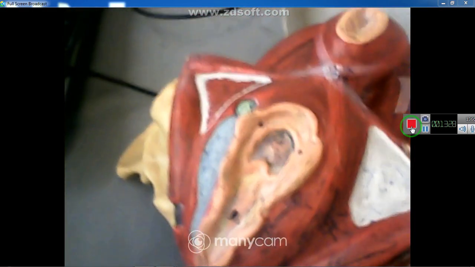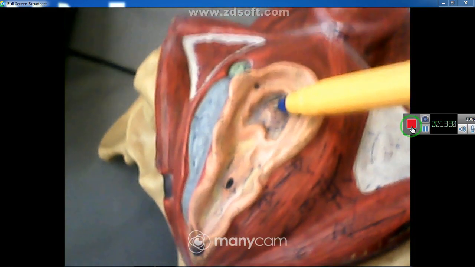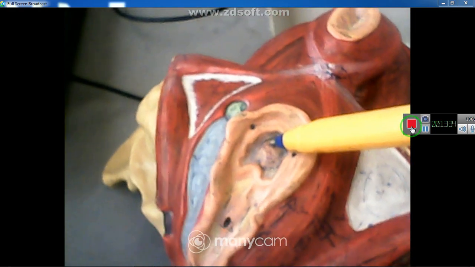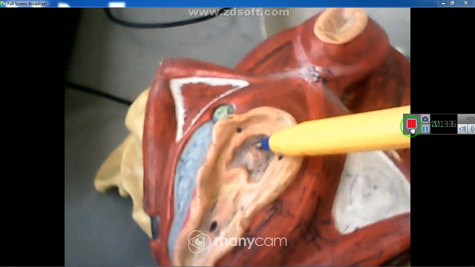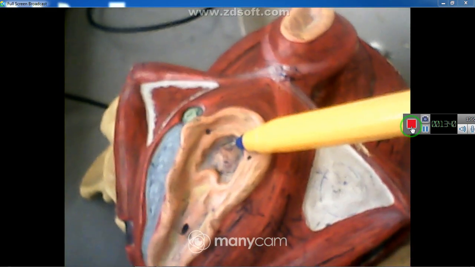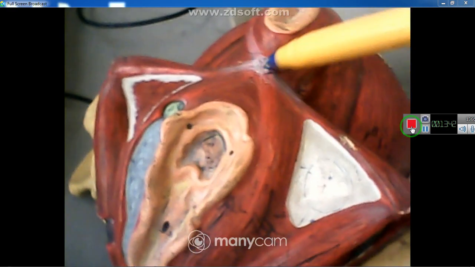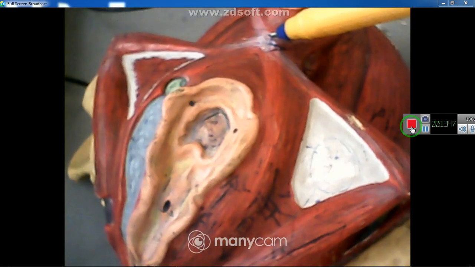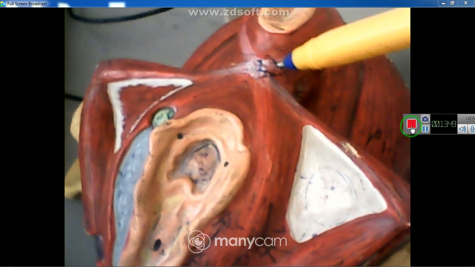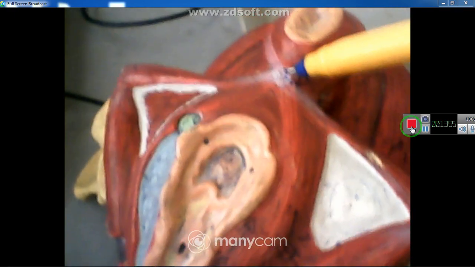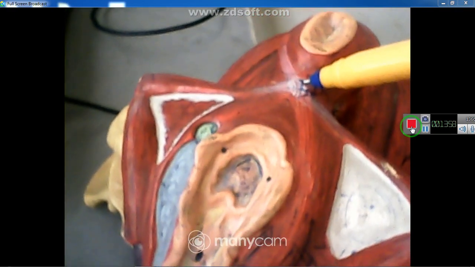Sometimes during labor, the baby gets out of the vagina from here. And the baby's head is very big. It is the largest part of the baby's body. So there will be a tear in the vagina, in the midline, and this tear will extend to the perineal body. Okay, the baby gets out and you will suture it. But the perineal body will never get back to its full strength.